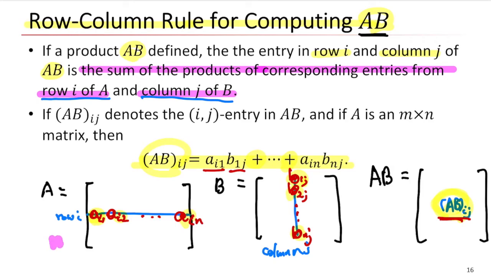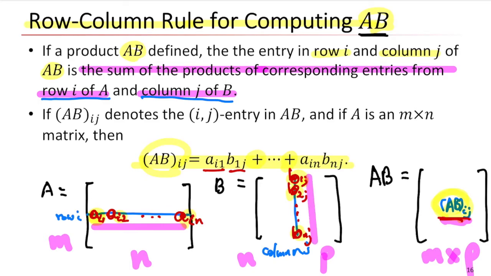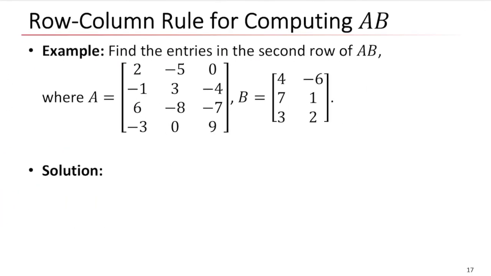Let's say this is an m by n matrix, and this is an n by p matrix. The output is m by p, right? But to compute this value, this vector and this vector should have the same size, so n is n, right? So this is the rule of matrix A times B, very intuitive, okay?